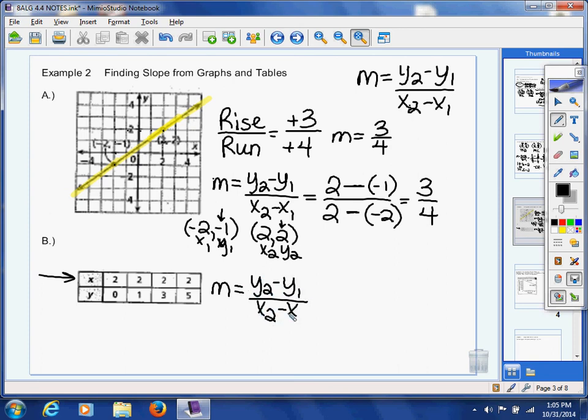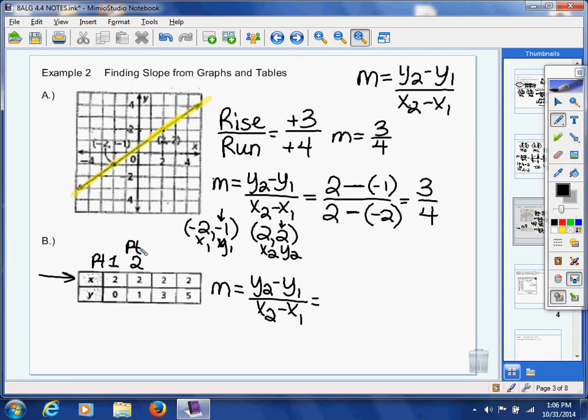Okay? We've already done this. When we learned rate of change, we were actually technically doing the slope formula. So I'm just going to pick these first 2 points here. I'm going to call this one point 1 and I'm going to call this one point 2. And then I'm just going to plug in accordingly.